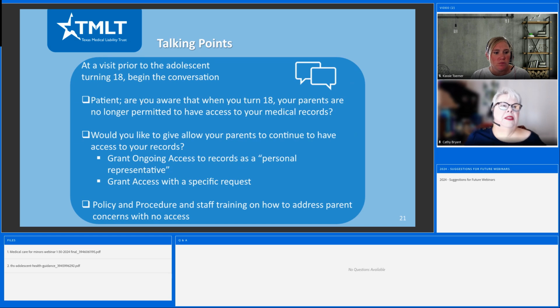If you're seeing a patient and they're 17, you might want to begin having a conversation with the patient and their parent that the parent's no longer going to have access to medical records.